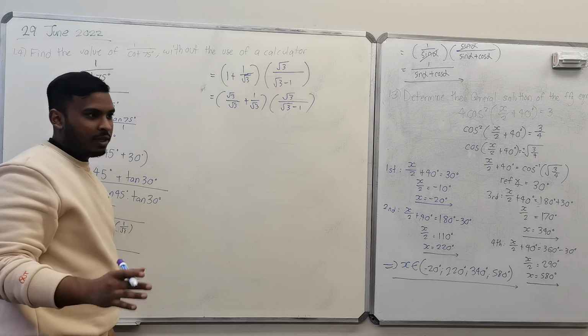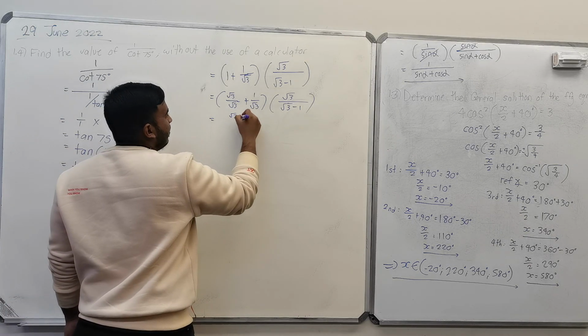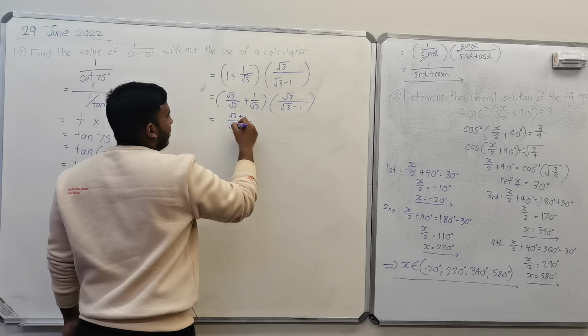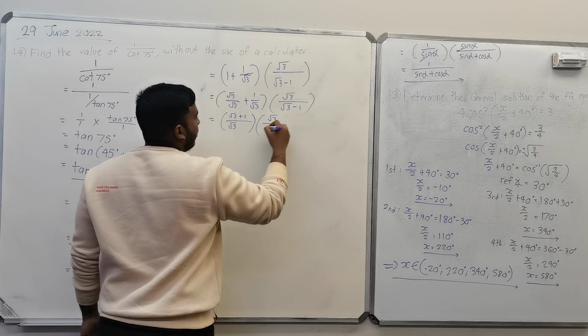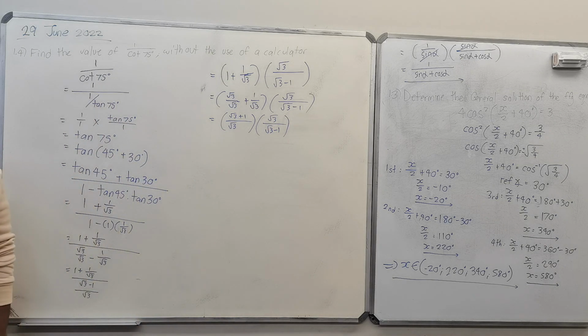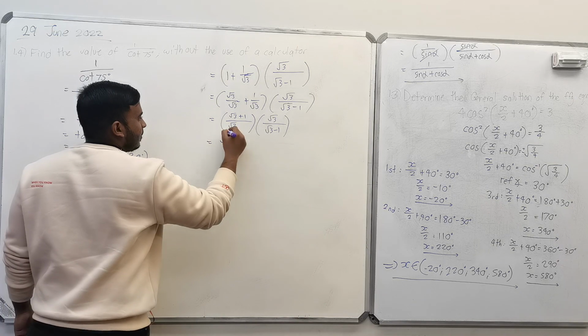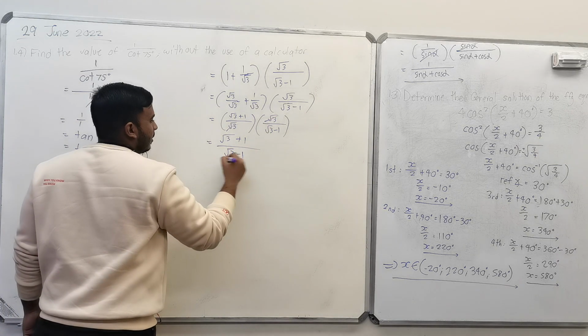So this will now become root 3 plus 1 all over root 3 multiplied by root 3 all over root 3 minus 1. So we cancel the bottom 2, and then what are you left with? That and that cancel. Root 3 plus 1 all over, and that's 1.